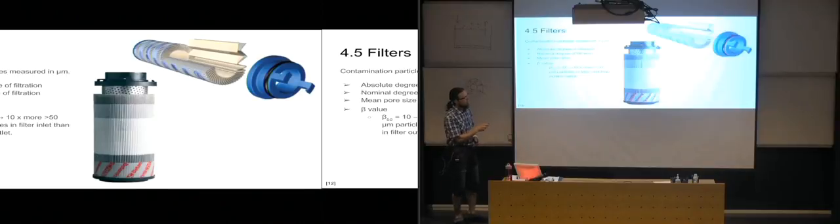Some of the pores will let through particles that are larger than 50 micrometers, and that's why you are getting some particles larger than 50 micrometers in your fluid, but you are trapping 10 times more. So this is just to show why we are looking at the mean pore size. It tells us a lot about how much we are going to block in the filter.